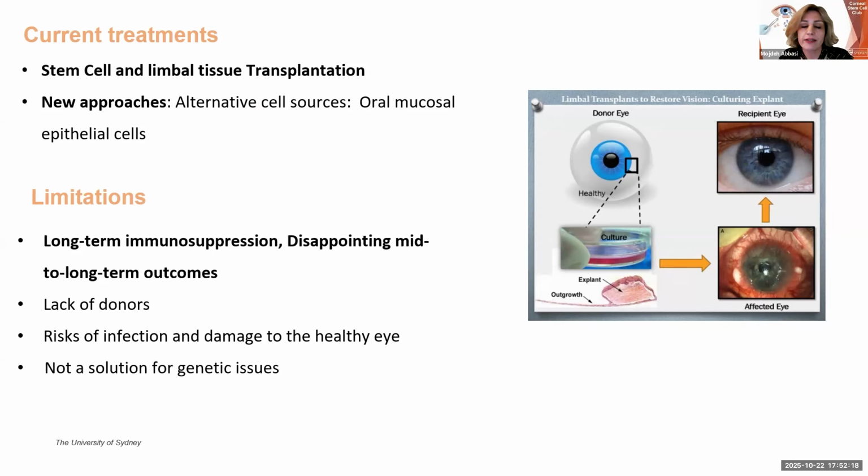But as we heard earlier, there are challenges. For example, patients need long-term immunosuppression, and long-term results are not clear. We might have a lack of donors, and there is a risk of infection and damage to the healthy eye, unfortunately. And we don't have any good solution for the genetic issues.